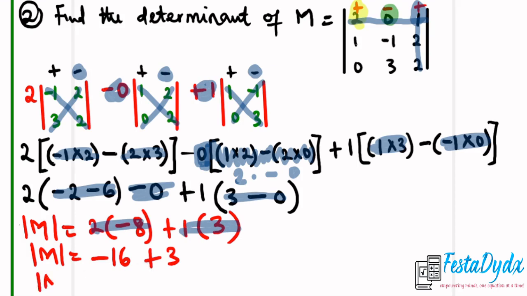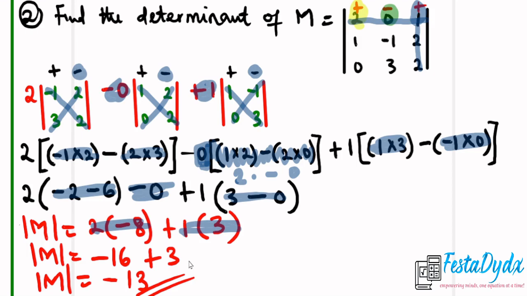So the determinant of m is equal to minus 16 plus 3, which is minus 13. Minus 16 plus 3 gives us a minus 13, which is the answer for the determinant of m.